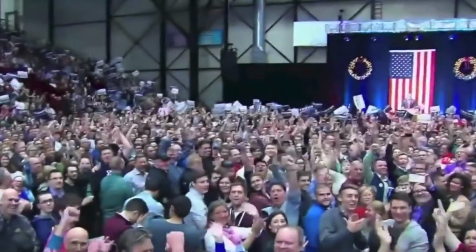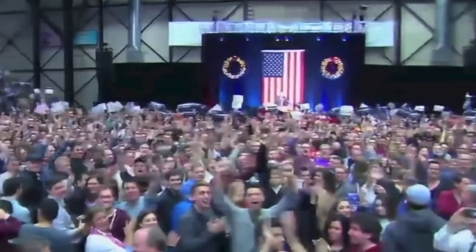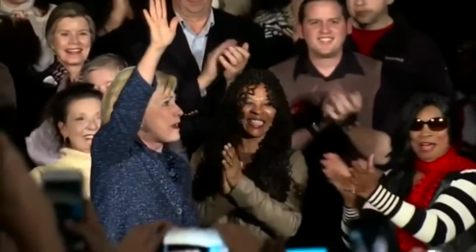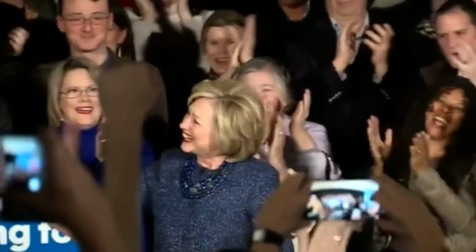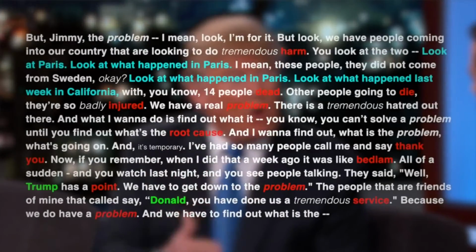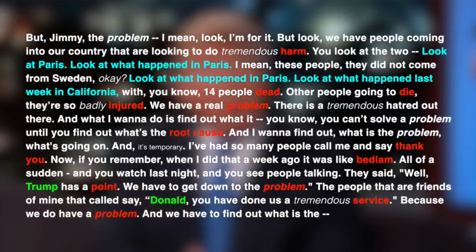And if you are an American citizen who, for years, has listened to politicians sound sophisticated while accomplishing nothing, you might just be primed for something that is everything they are not. But the next time you feel like Donald Trump has a point, do yourself a favor and look at his words.